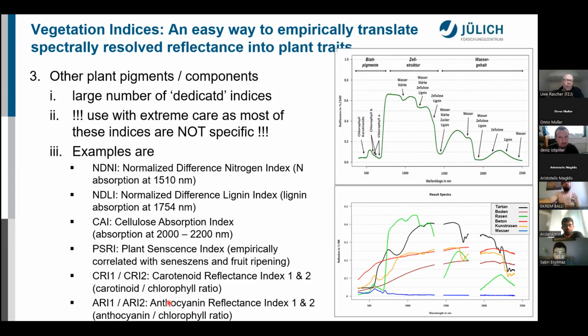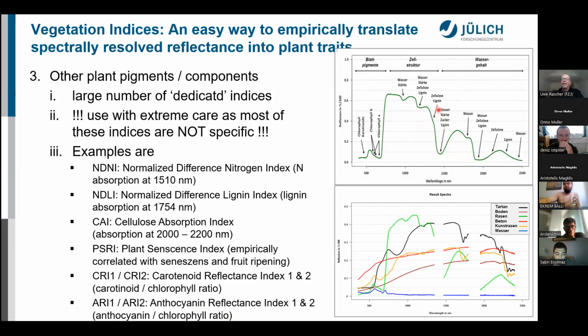Authors run out of names, so they even started to number them, like anthocyanin reflectance index 1, 2, and 3, I think is also available. And the background behind that is that they all try to resolve these characteristic absorption features by using 2, 3, 4 specific wavelengths for this component.